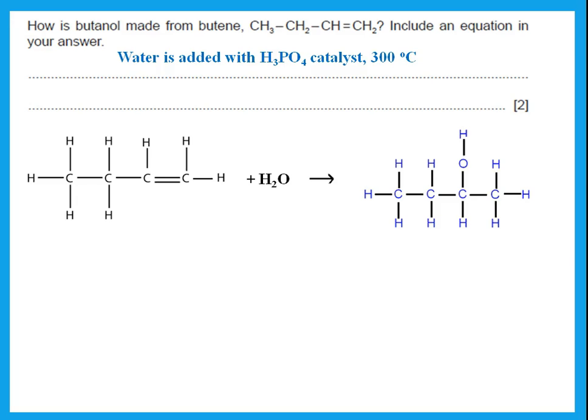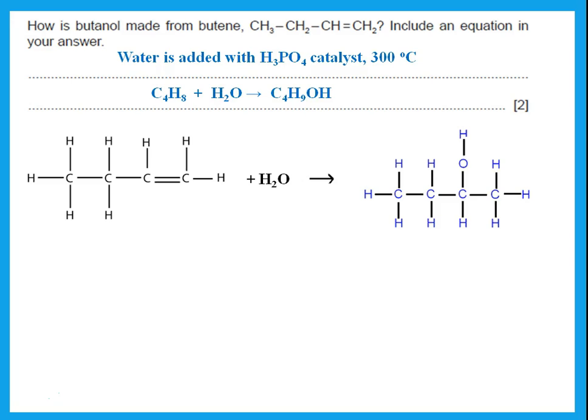Remember that we had conditions for adding water. I need phosphoric acid catalyst and 300 degrees centigrade. Okay, so he says include an equation in your answer, so I have to put an equation. So butene is C4H8. I'm reacting it with water, and this is how we write the alcohol.